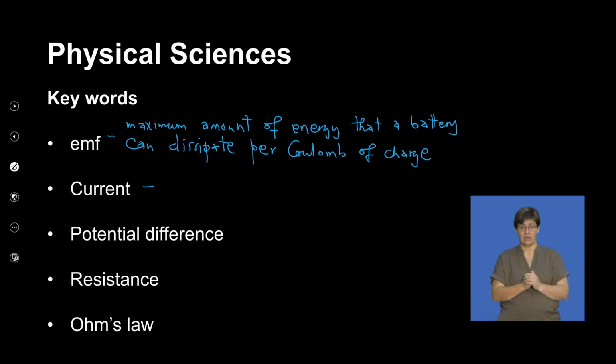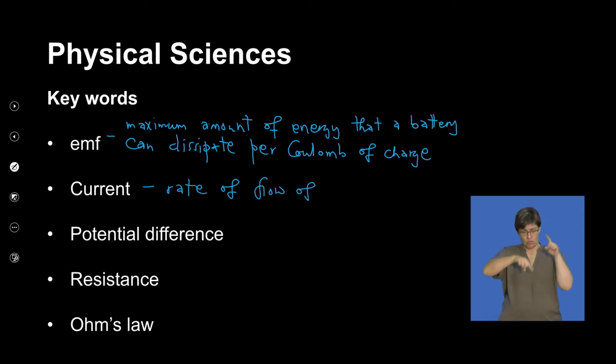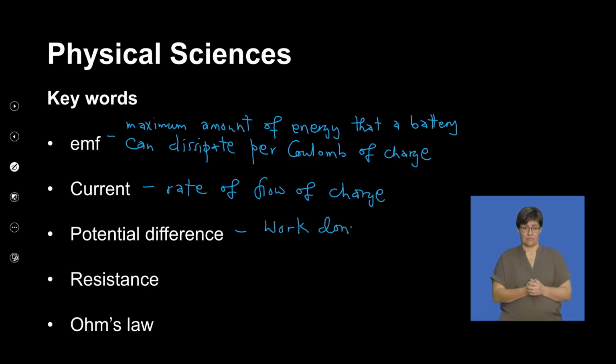And then we talk about current as the rate of flow of charge, just to remind ourselves. And then potential difference has to do with work done per coulomb of charge.